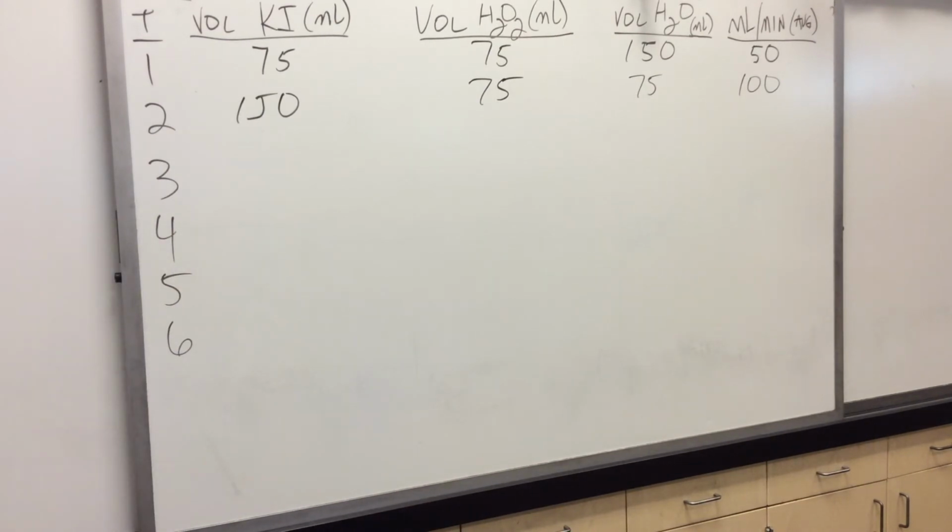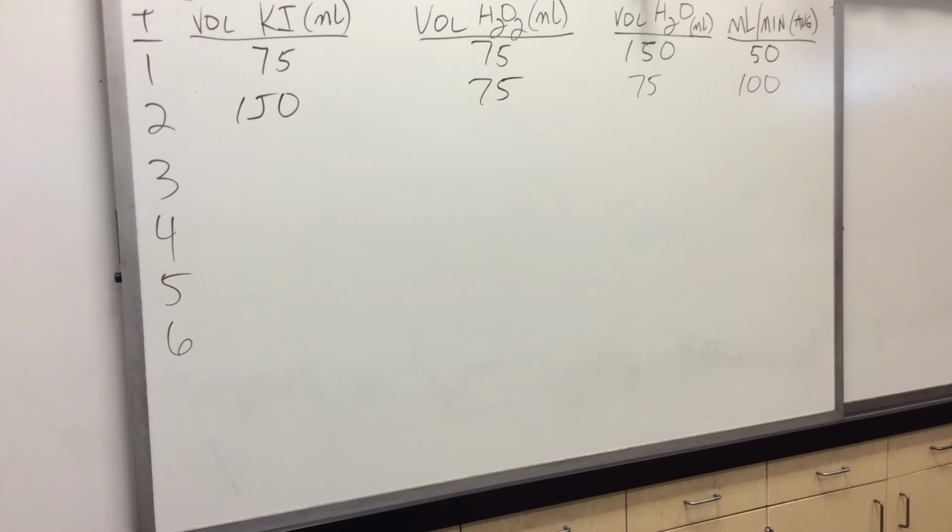It turns out that the rate is dependent on the concentration of potassium iodide to the first power. So we say the reaction is first order in potassium iodide. They will do the same thing, 150 of hydrogen peroxide with 75 of potassium iodide and still 75 of water, and they should find out that it is first order with respect to hydrogen peroxide.